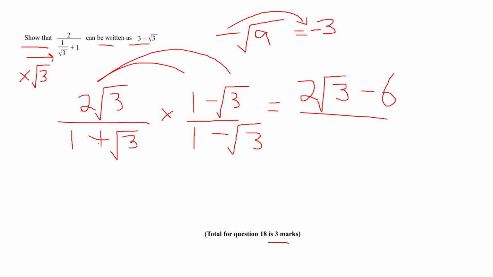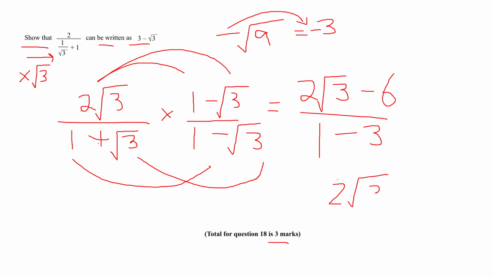On the bottom, all we do is we do this times this. 1 times 1 minus the number inside the surd. So 1 times 1 is 1 minus 3. And on the top, we're going to have 2 root 3 minus 6 all over minus 2.